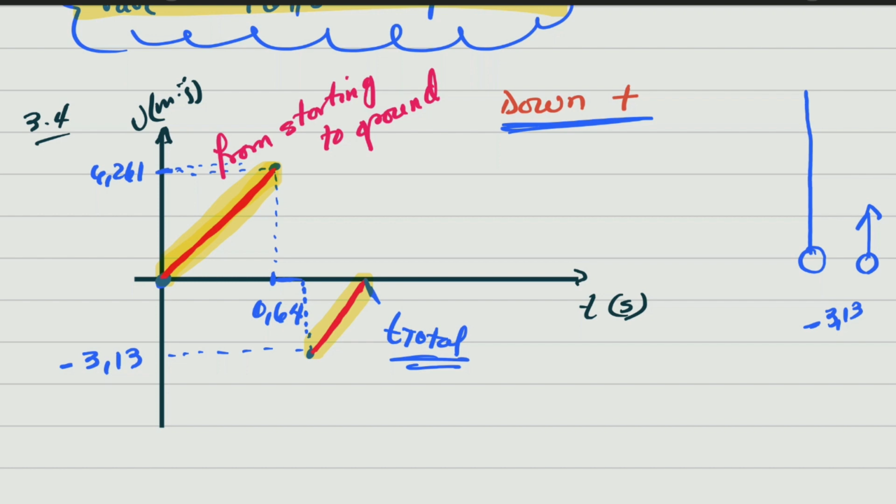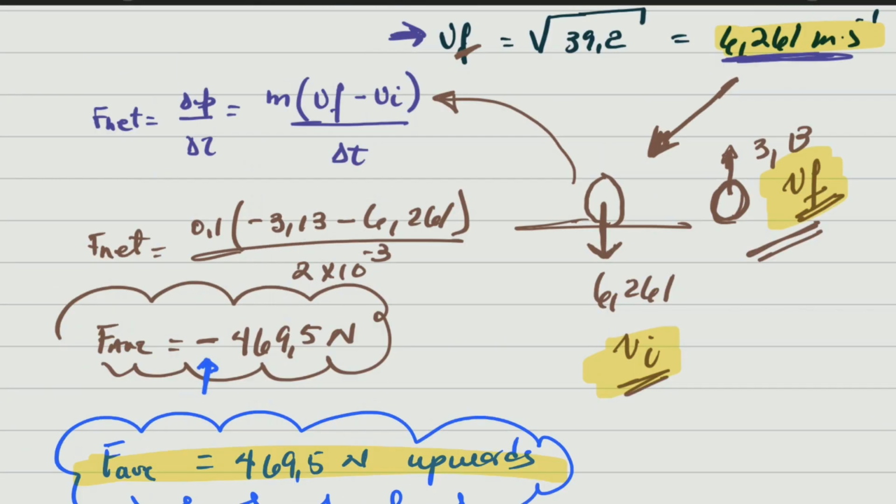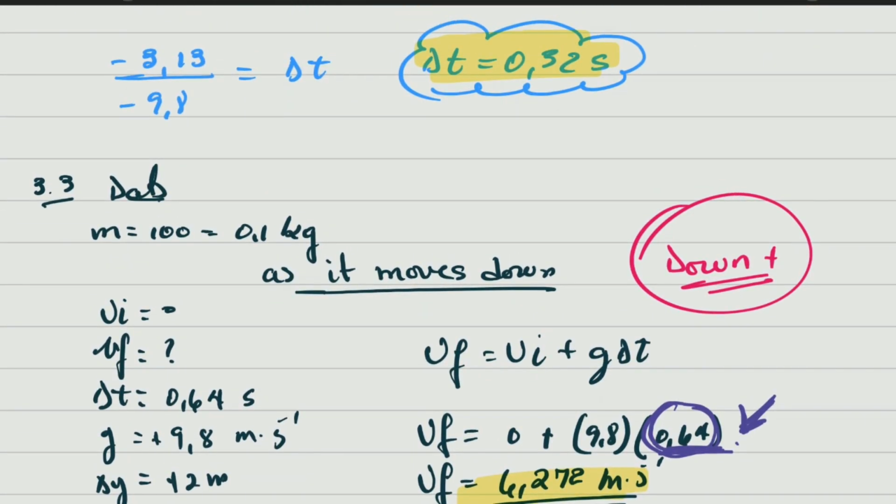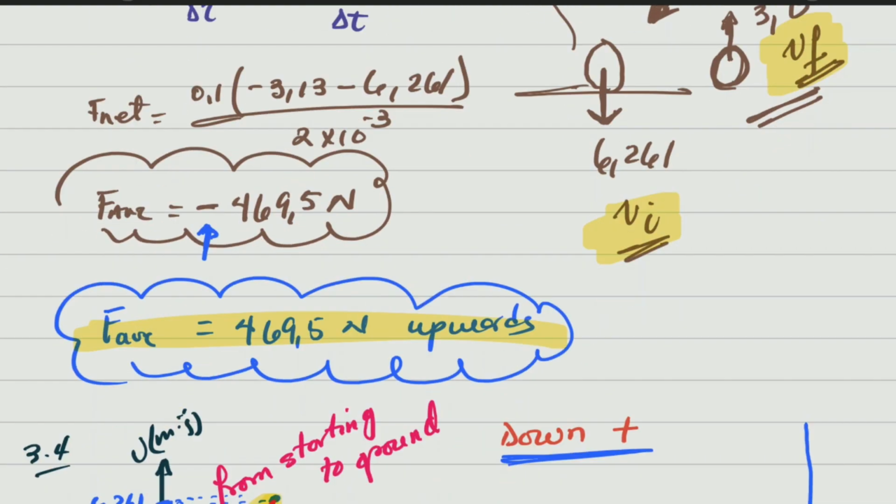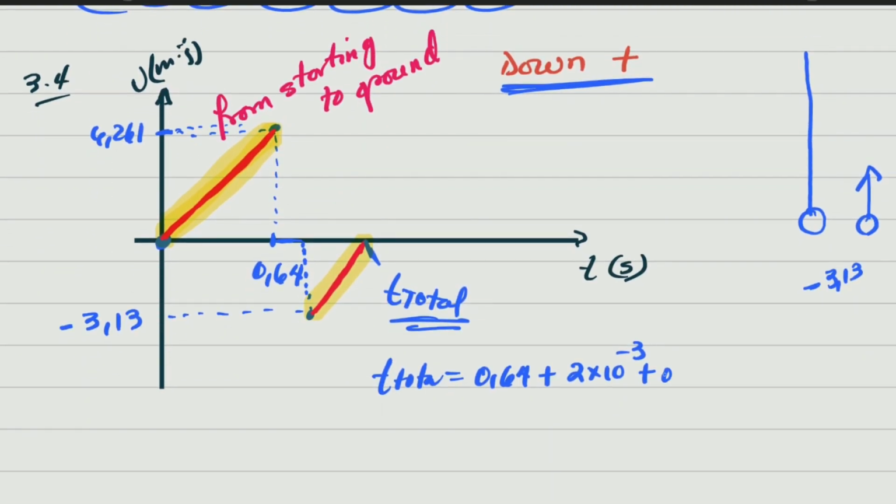And this one is almost done. So we have most of the marks here. The only thing we need is the total time, we are going to do real fast. Total time will be equal to 0,64 plus the time it was on the ground, which was 2 times 10 to the minus 3, plus the time to reach that height, which was, let's quickly look here, I did 0,32 plus 0,32.